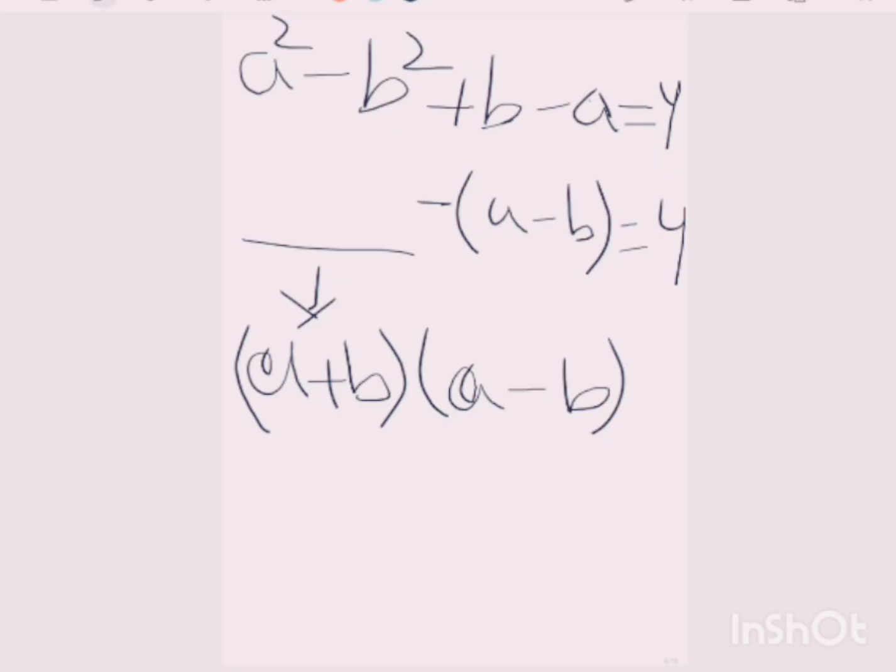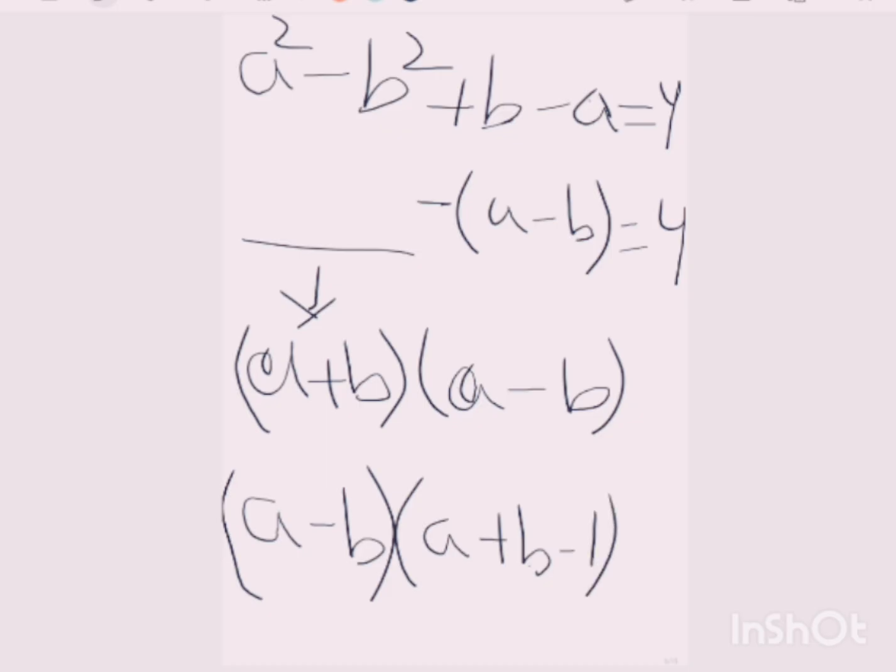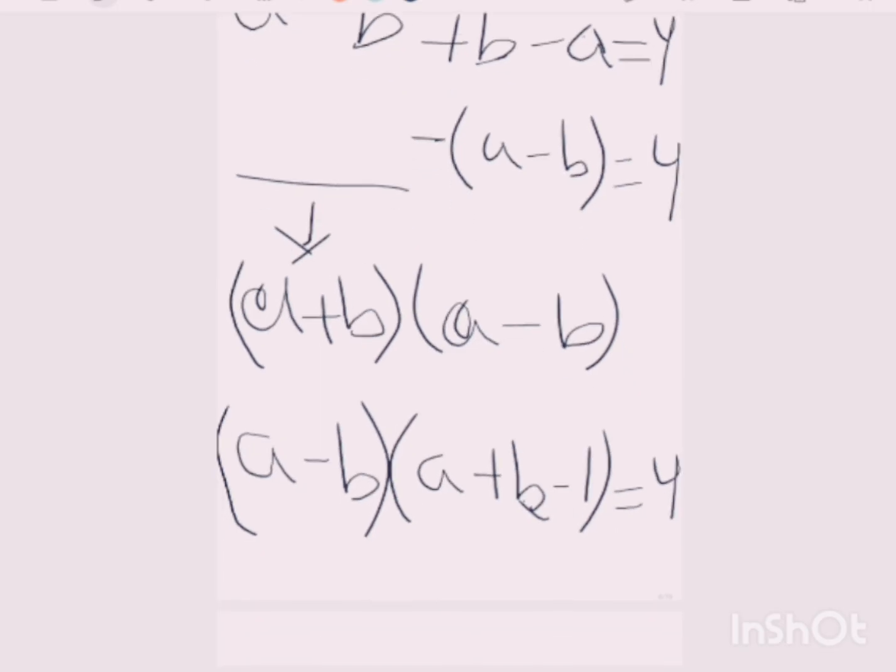After writing this, we can take (a − b) as common, so this will become (a − b)(a + b − 1) = 4. Got it? (a − b).